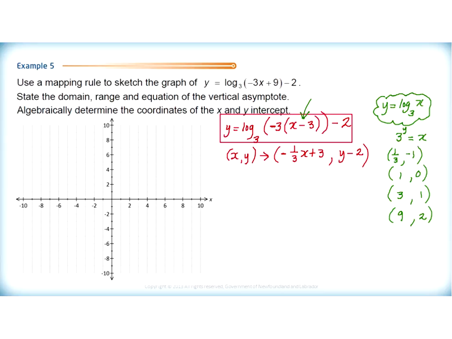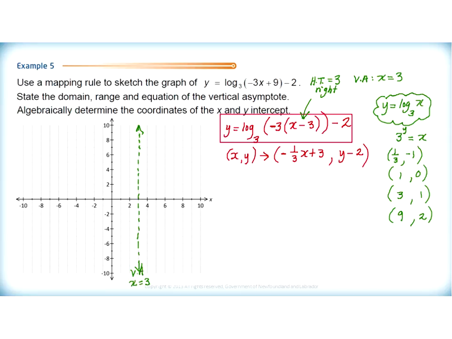Because we have a horizontal translation equal to 3 units to the right, we can begin drawing this graph by sketching the vertical asymptote, which will occur through x equals 3. So there is our vertical asymptote through x equals 3.